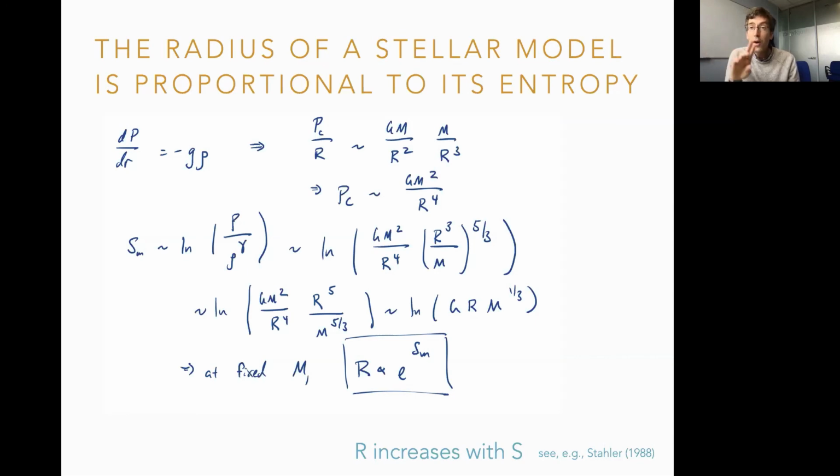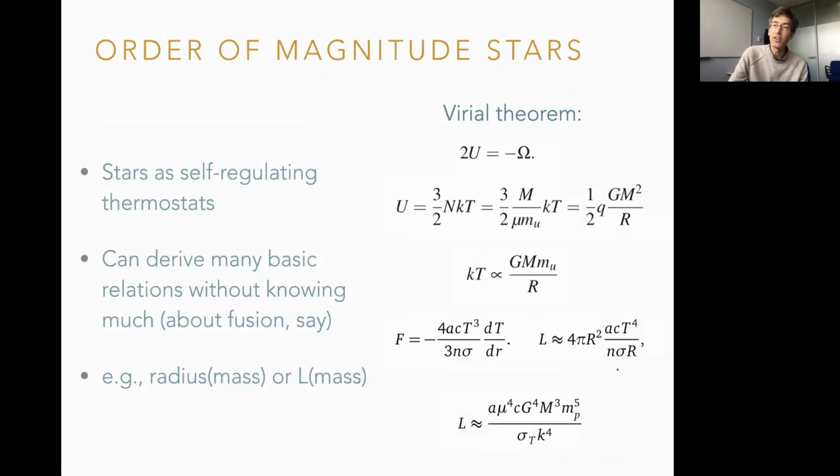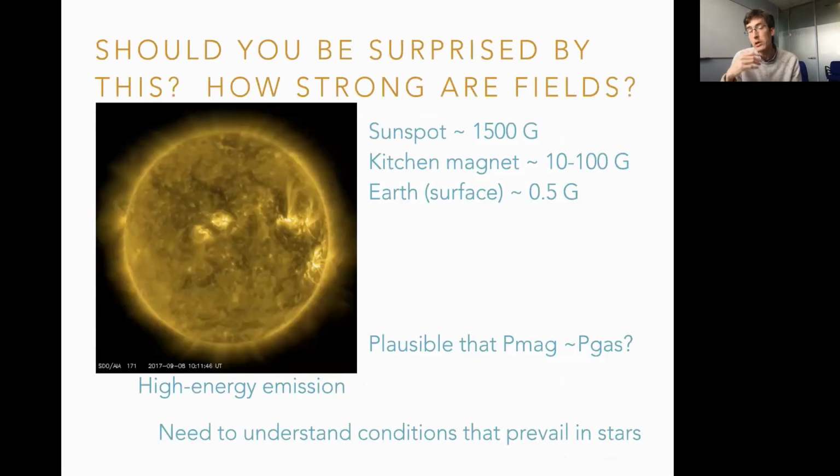You could already, at this stage, take that and plug in your favorite values for the mass and radius of a star and get an estimate. This is something I encourage you to do after the lecture, if you haven't done this kind of thing before. Just try to estimate what the central pressure in the Sun is, or in Jupiter for that matter. You can compare that to the dynamical pressures associated with the magnetic field.